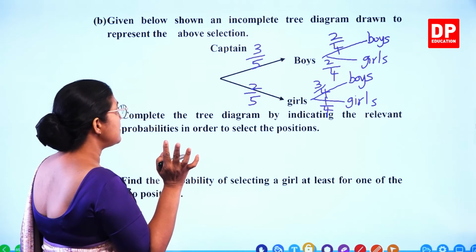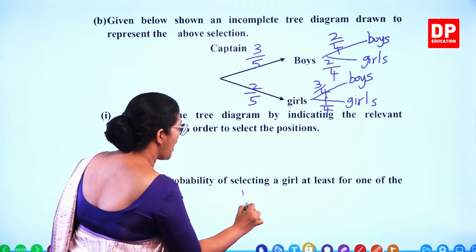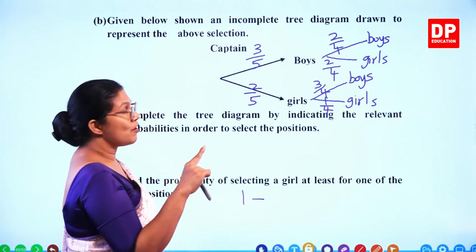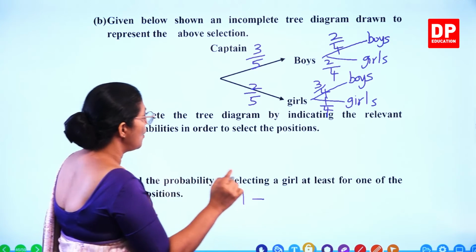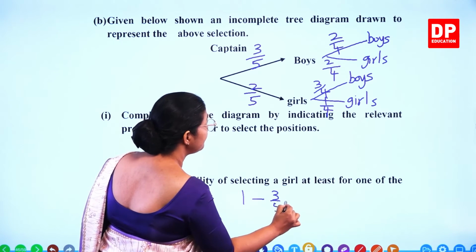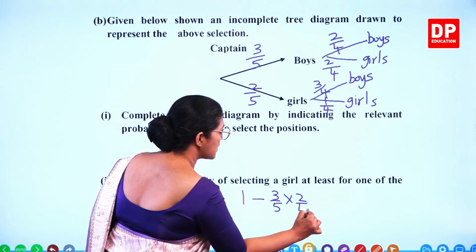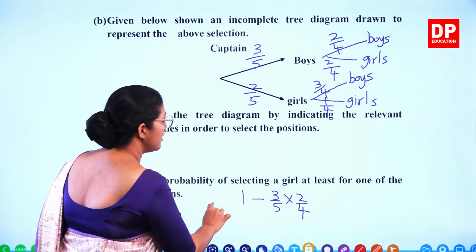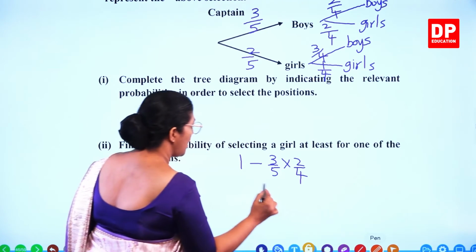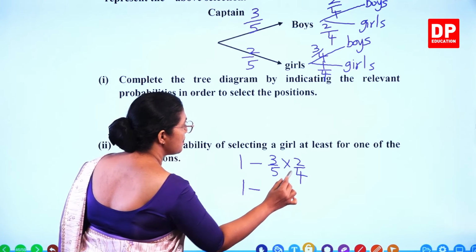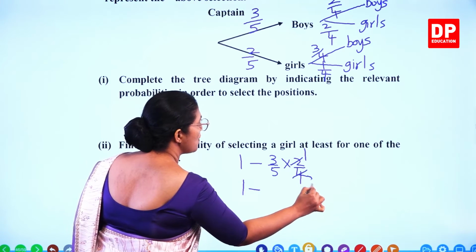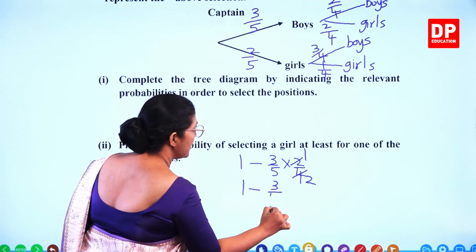So you can easily do 1 minus the probability of getting 2 boys: 3/5 multiplied by 2/4. So you can do this part easily. 1 minus 2 times 3, 5 times 4, 3 over 10.